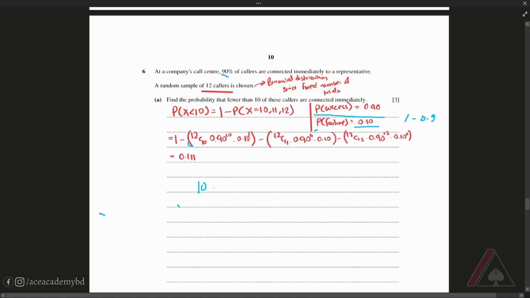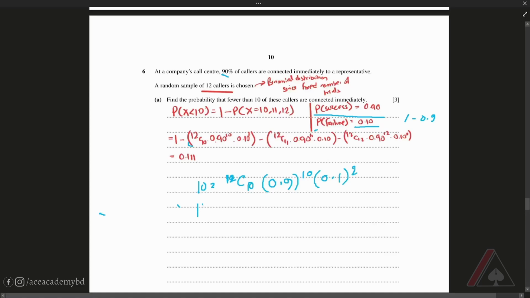So the probability that 10 were connected would be 12 choose 10, with 10 connected and 2 failed.